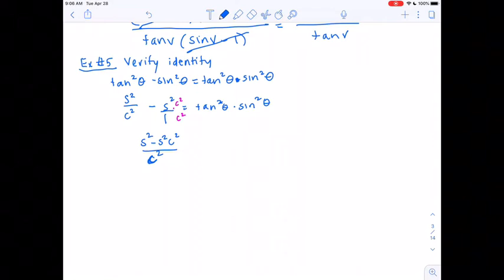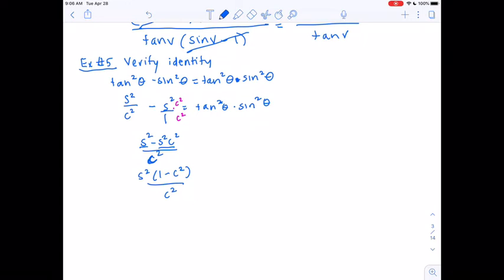Okay, on top, I noticed that s squared is in both terms, in the first term and in the second term, so I can factor out s squared. Get 1 minus c squared all over c squared. Okay, so 1 minus c squared should look familiar to you. That's the Pythagorean identity for s squared. And then s squared over c squared, well, we began with that. S squared over c squared is tangent squared.